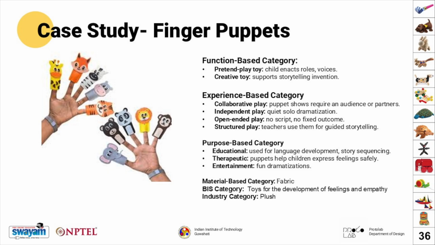Material wise, these are fabric toys. The softness, flexibility, and bright stitching are only possible because of the material. And the material shapes the kind of play it supports: gentle, expressive, emotionally warm.